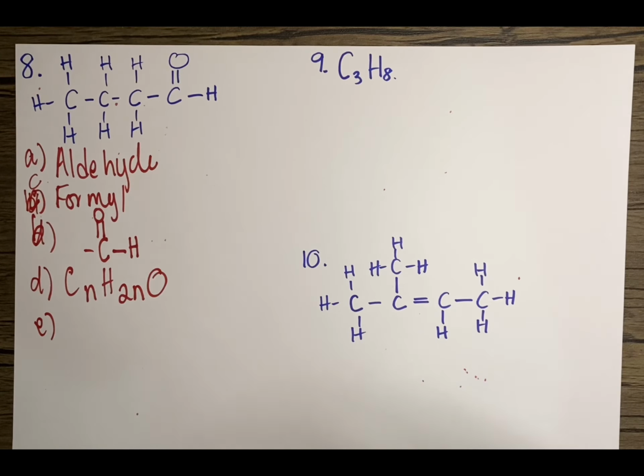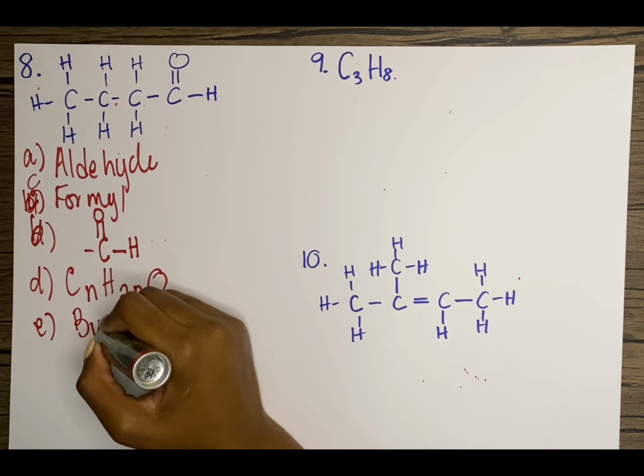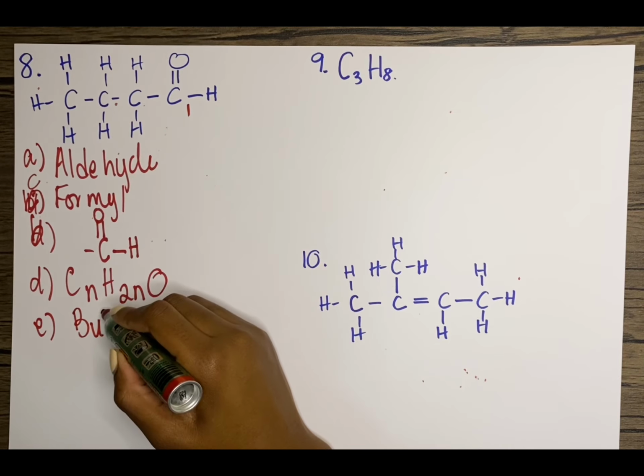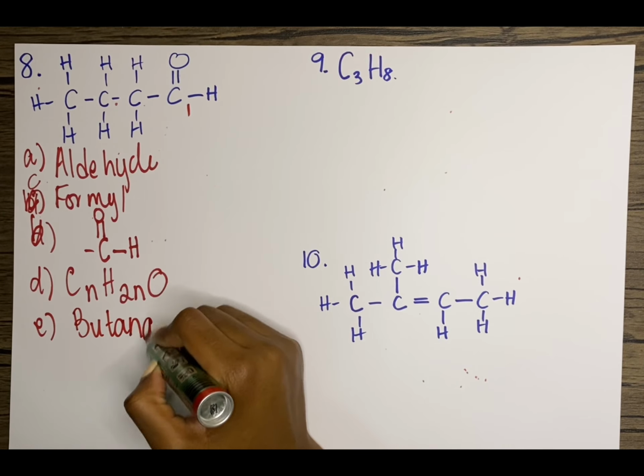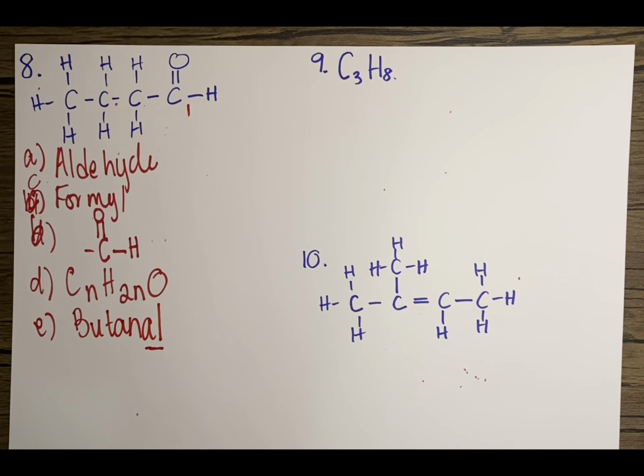So where the double bond O is in an aldehyde is always the first carbon. So when you name, this would be 1, 2, 3, 4. So that is butanal. That's the suffix for aldehydes, right?